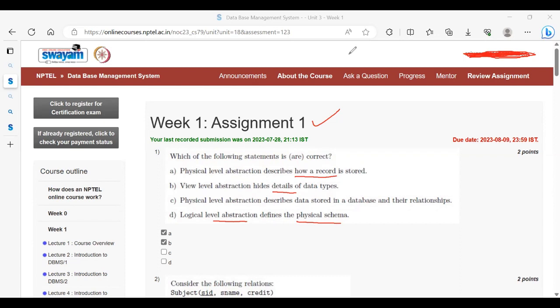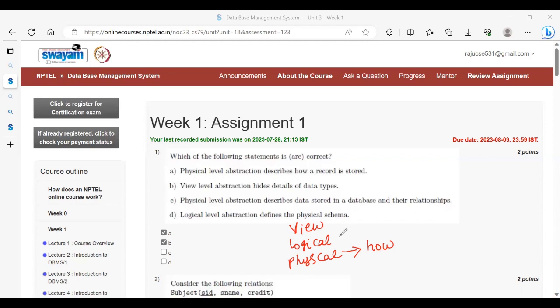So remember, it is about the levels of data abstraction. The first one is physical, the second one is logical, and the third one is view level. The purpose of the physical level is to describe how the data is stored.